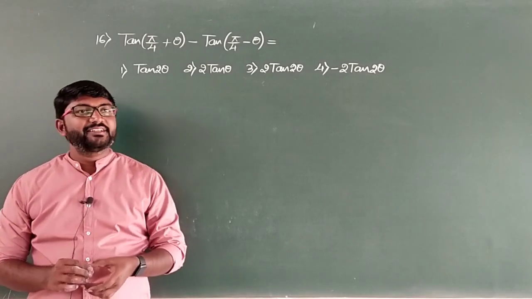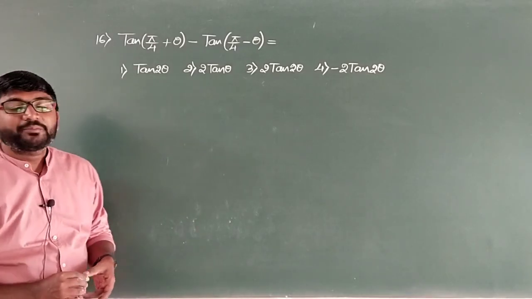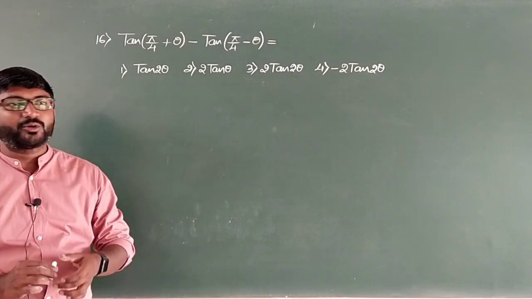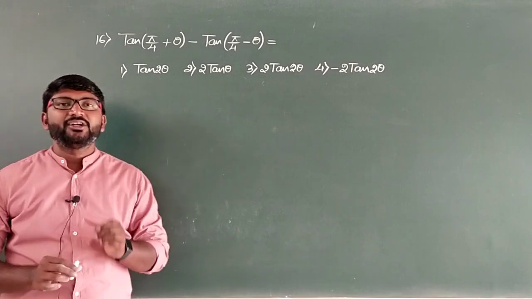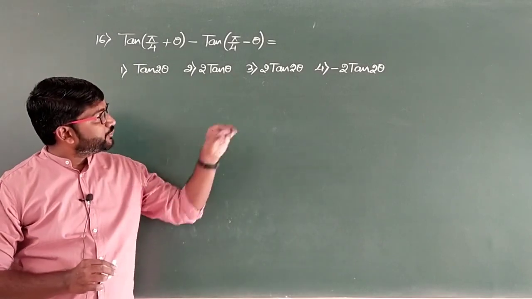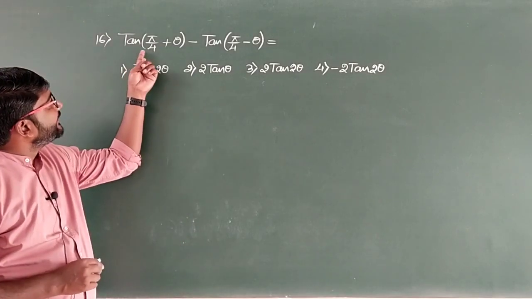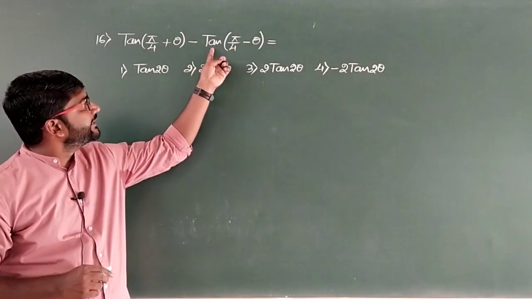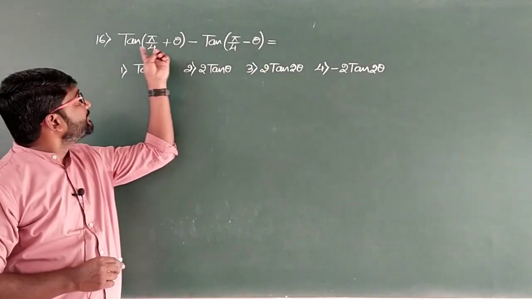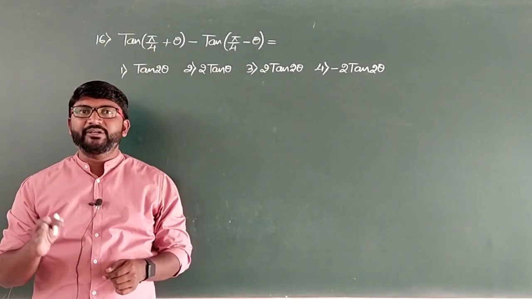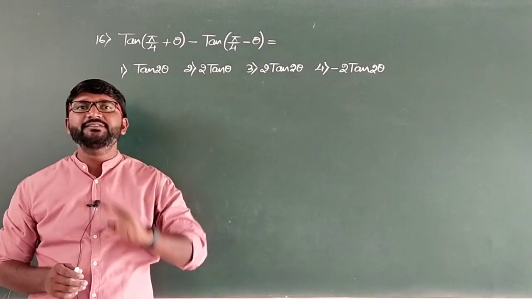Well, question number 16: tan pi by 4 plus theta minus tan pi by 4 minus theta, which is equals to, the 4 options are tan 2 theta, 2 tan theta, 2 tan 2 theta, and minus 2 tan 2 theta. This is in the form of tan of a plus b and this is in the form of tan of a minus b. Expand this, we get tan pi by 4 plus tan theta divided by 1 minus tan pi by 4 into tan theta. Tan pi by 4 is 1.